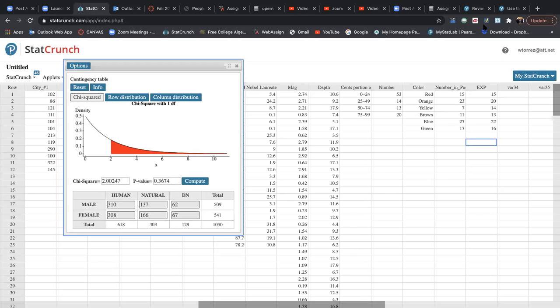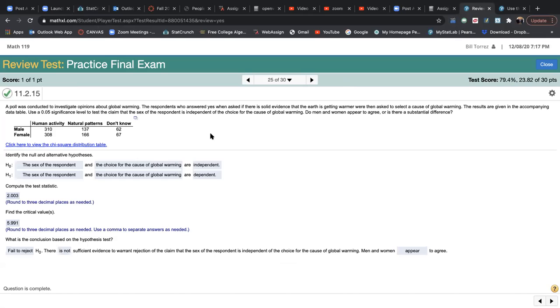I don't know if it would like 2.002, but 2.003 is awfully close. Okay, and now let's go back in, find the critical value for the test.